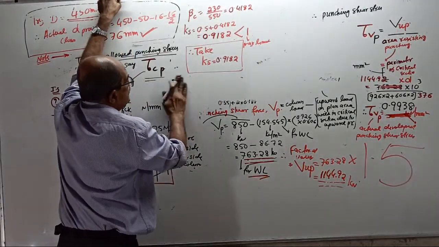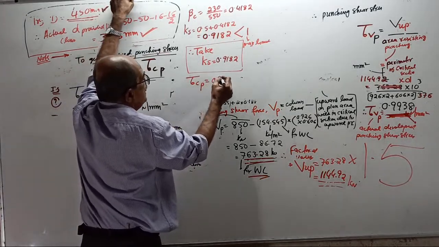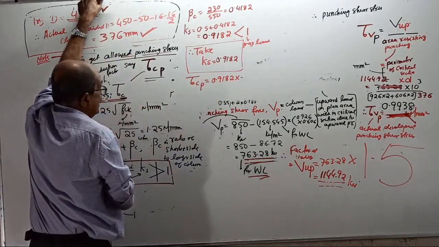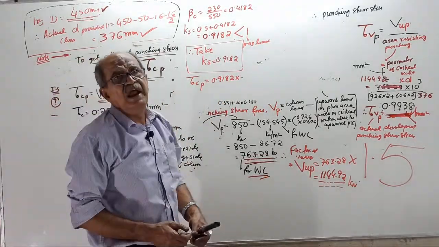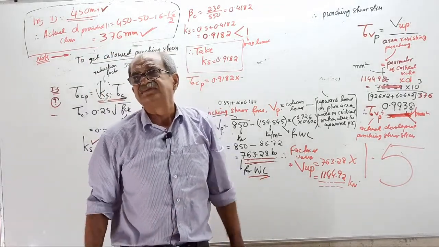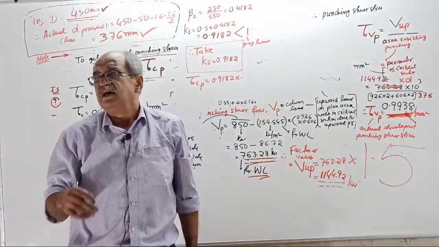Therefore, tau Cp, the allowed stress, equals 0.9182 into tau C. Taking 0.9182, the IS code is reducing the strength by almost 9%. Clear now, RCC batch?